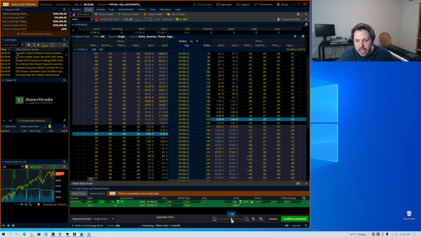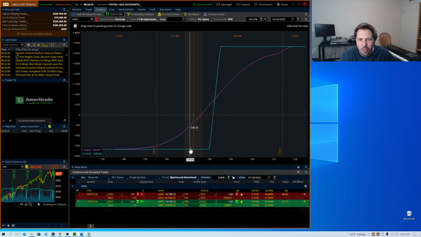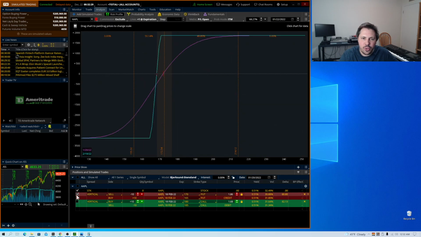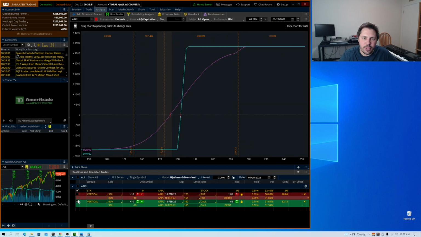This is going to create what's known as a bull call spread, or a call debit spread, and when we analyze this trade now, it looks very similar to this vertical spread.